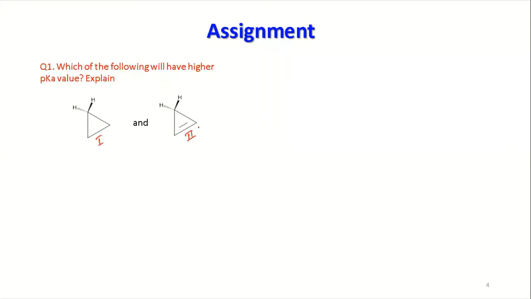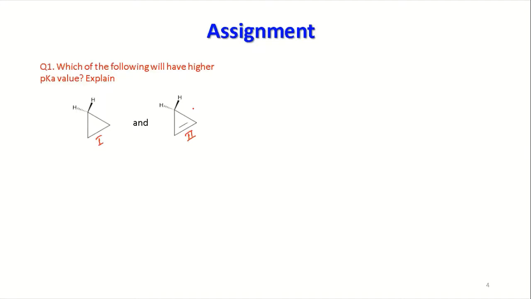Which one will have the pKa value more? That means, the higher the pKa value, what does it indicate? Do you know the pKa first of all? Let me give all the questions.